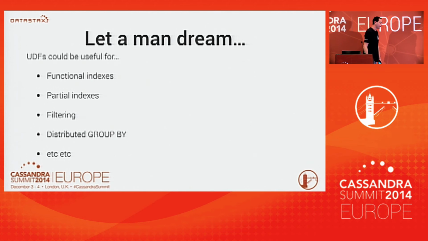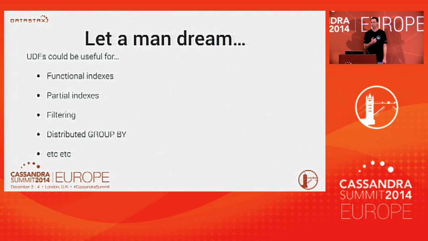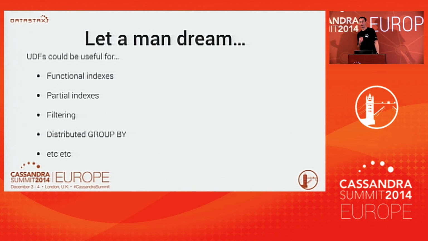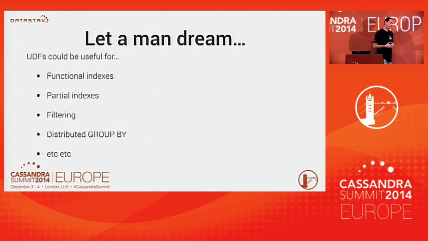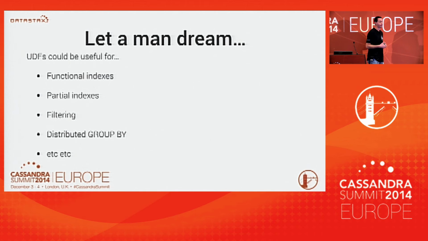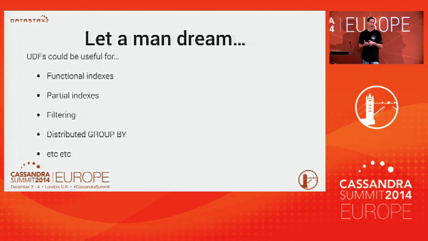We're just dreaming a bit, because UDFs could be used for so many things. Indexes, for example. Indexes by themselves are not quite good. But you could use a UDF for a create index, for example, as Jonathan said in this presentation, for partial indexing, for more advanced filtering.